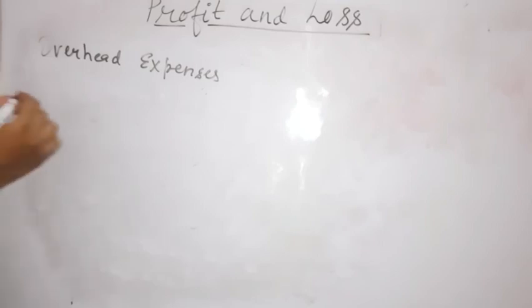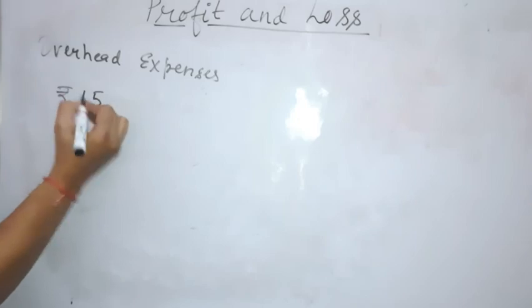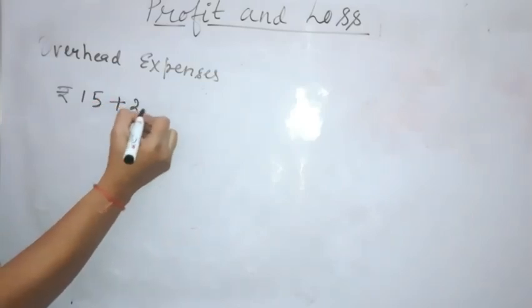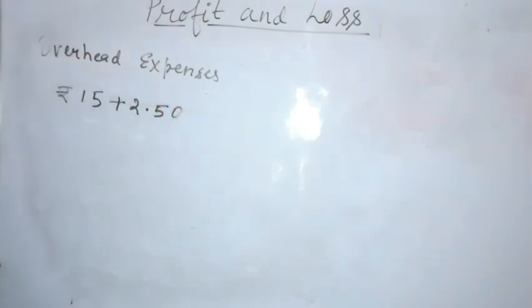For example, one copy costs rupees 15 to me, and if the transportation charge per copy is rupees 2.50, since there are 100 copies, the total transportation charge is different. I am talking about the single copy. So on the single copy, what will be the total CP after adding the overhead expenses?